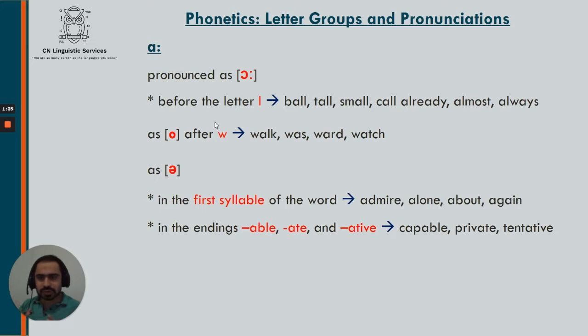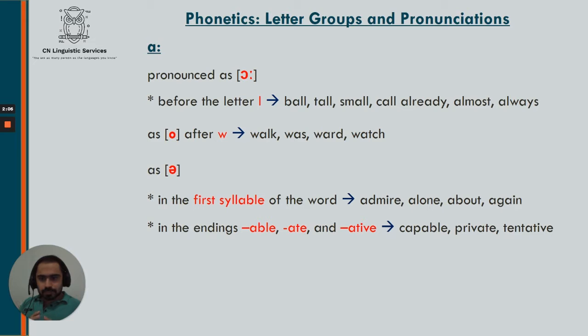The rule here is that if A comes before the letter L in the word, we pronounce it as a long O, like ball, tall, small, call, already, almost, and always. As you can see, I pronounce it as long O.